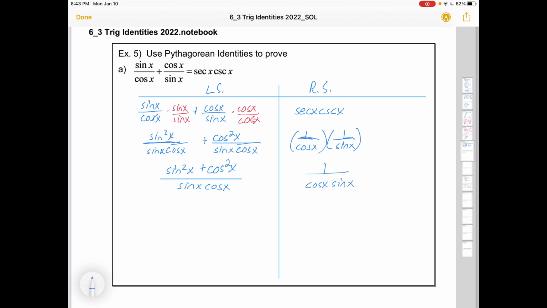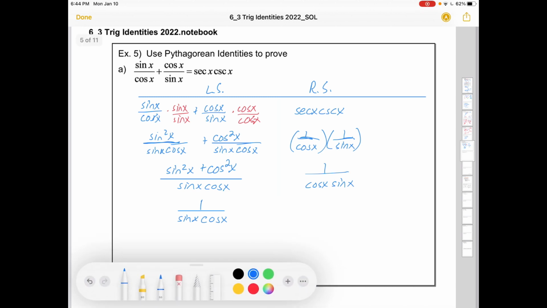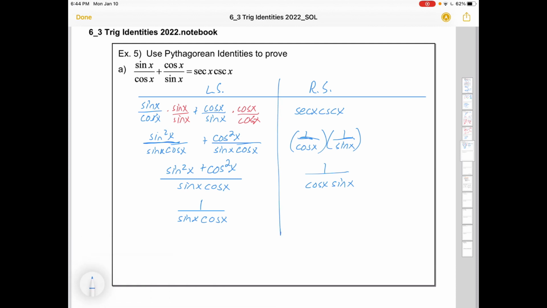And now, is there anything I can do? I've got most of the marks here. Sine squared plus cos squared x is 1 over sine x cos x. Sine squared plus cos squared is 1. That's a Pythagorean identity. And then on the other side, order of multiplication doesn't matter. So I could just write it like this instead.